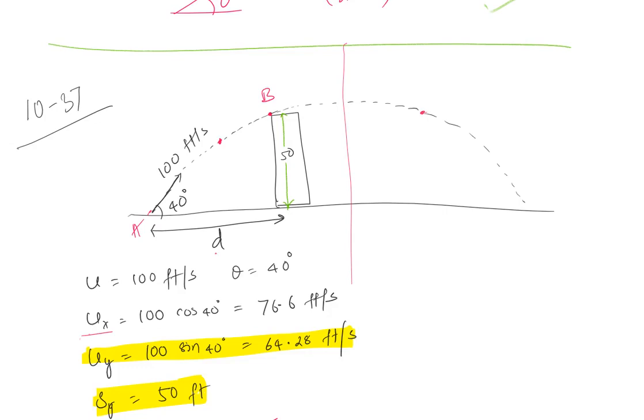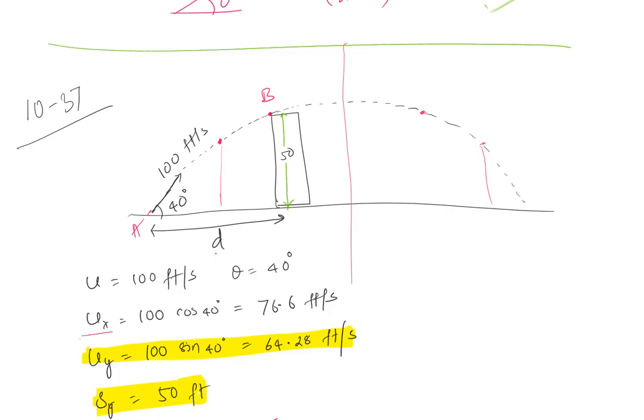Any point you take, let's say this height is 25 feet, then again it's going to be at that height at some point of time. That is why when you solve this quadratic equation, you get two values of t. One is in the first half of the journey, other is in the second half.